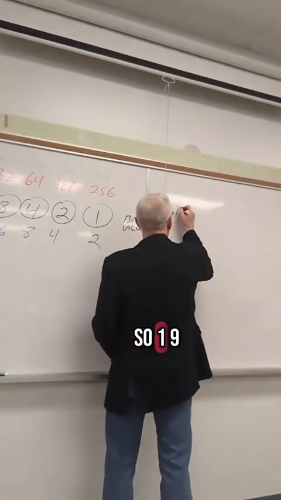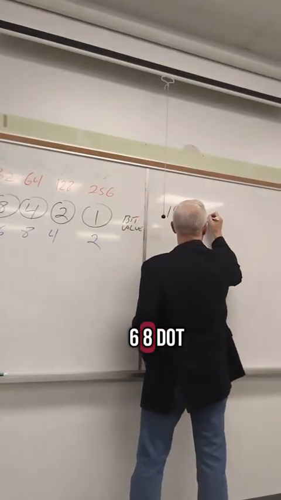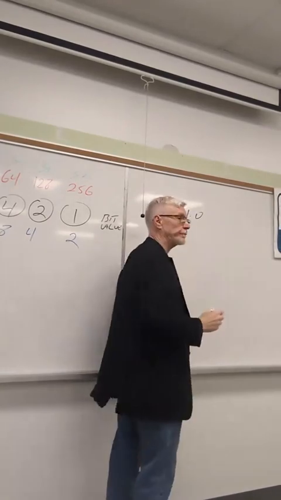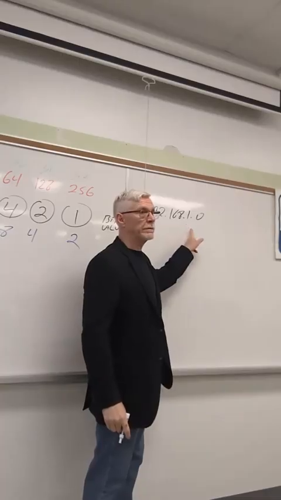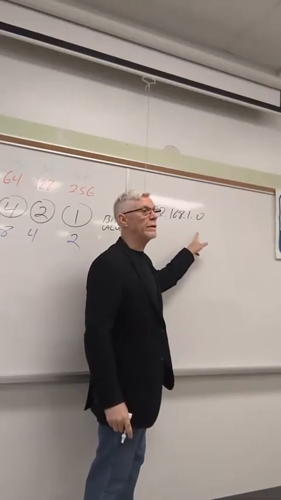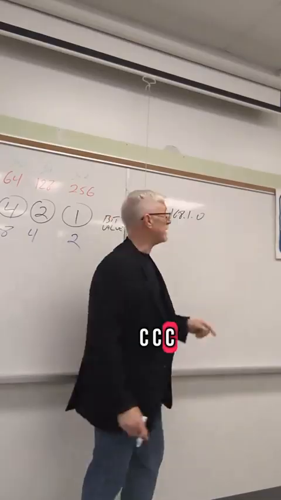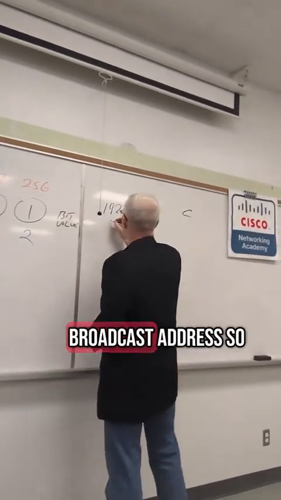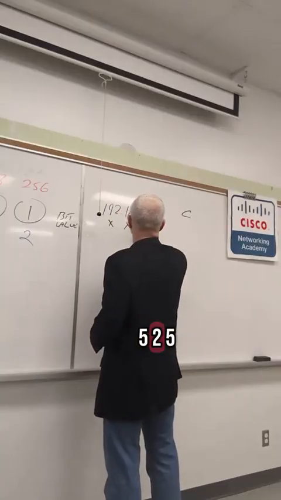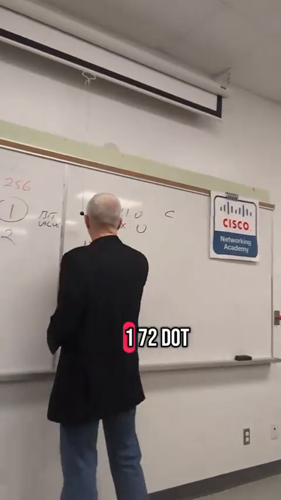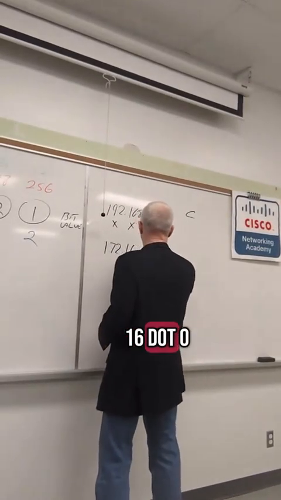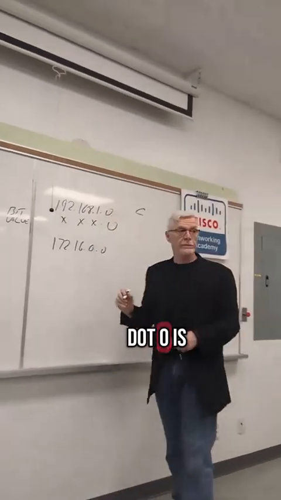All right, so 192.168.1.0 is a class what? C. Yeah, that's class C. Subnet mask, so I'm going to use 255.255.255.0, right? Okay. 172.16.0.0 is class what?